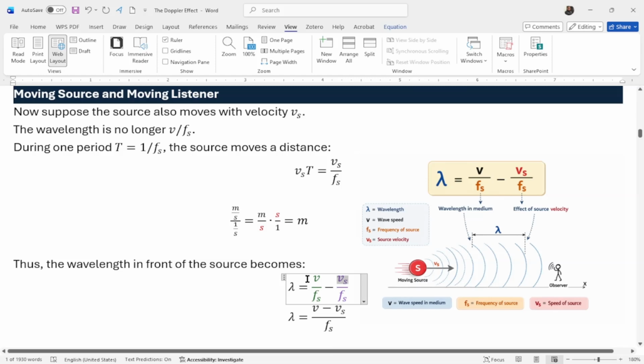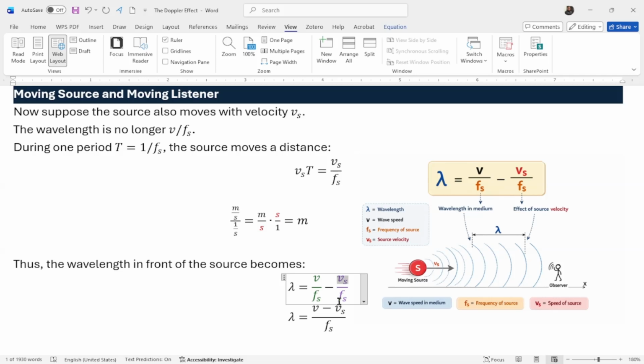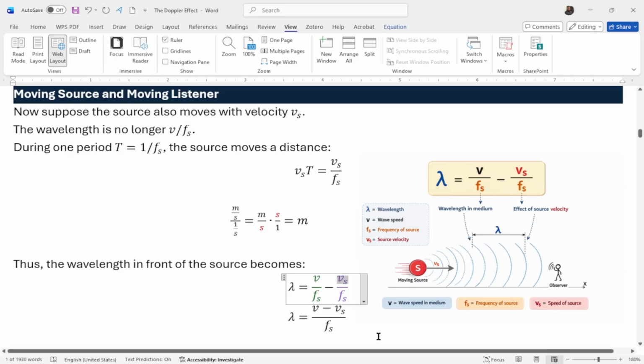So we're going to subtract both, the two different ratios, the ratio of the velocity of the sound and the ratio of the velocity of the source, with respect to the frequency emitted by the source. So the final equation in this case is v minus v sub s over f sub s.